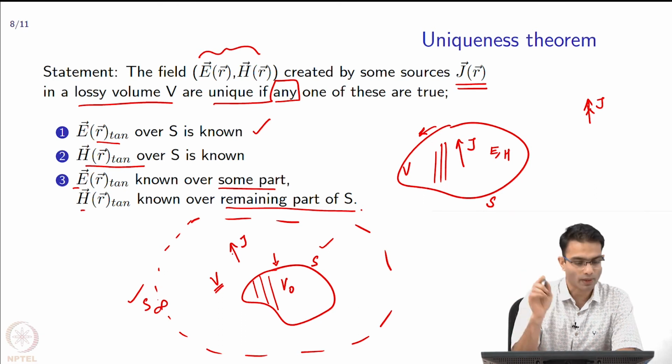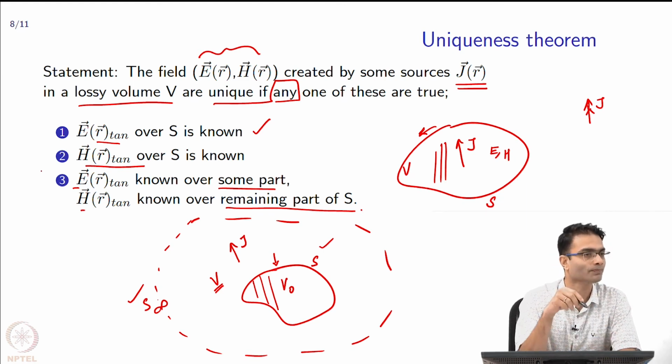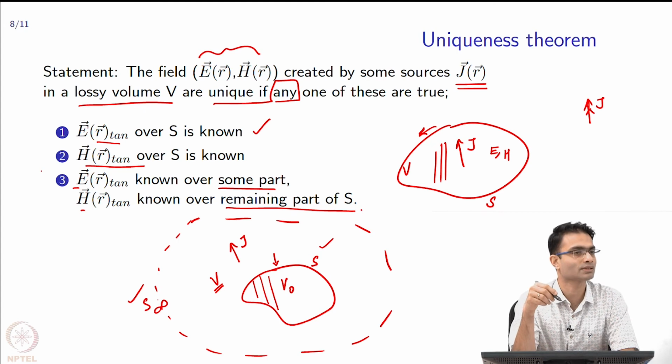Now, you might ask why this lossy volume V? Why should the volume be lossy? What if there was no loss in this medium? The answer to that is not clear just from the statement of the theorem. We will have a small exercise in a homework problem where you can work it out.